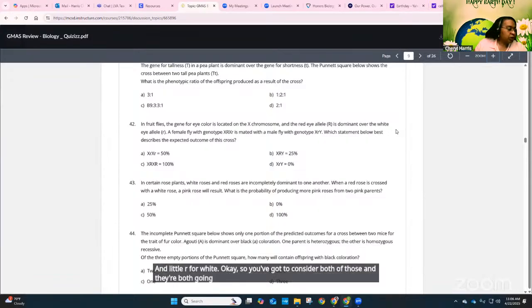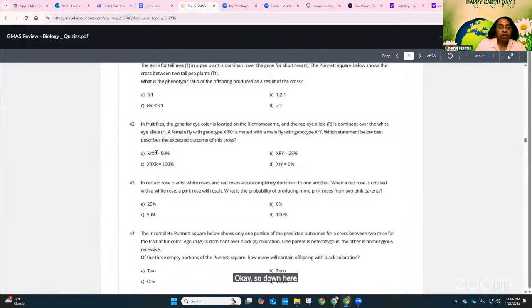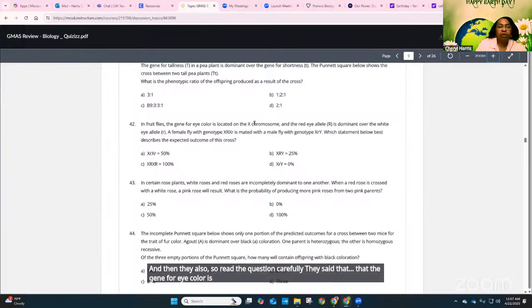So while a lady is X and X, she also is going to have one of those other color genes going with that X. Okay, so down here you have an X and a little r, X and a little r. And then also, read the question carefully. They said that the gene for eye color is located only on the X chromosome.